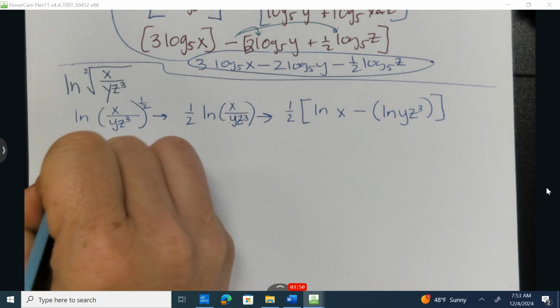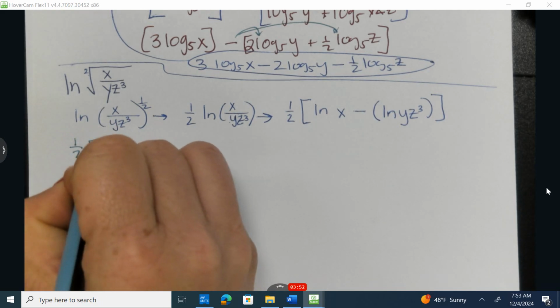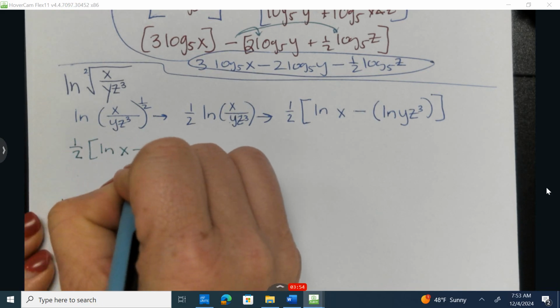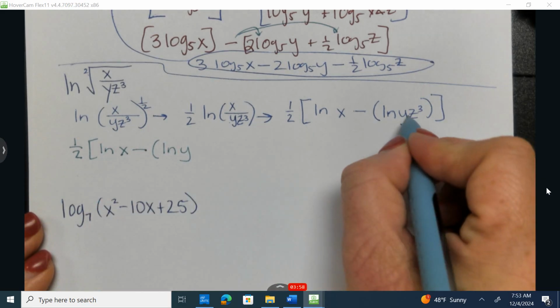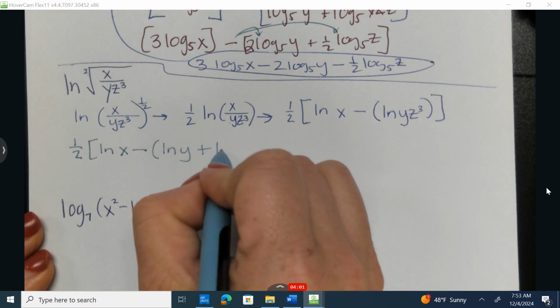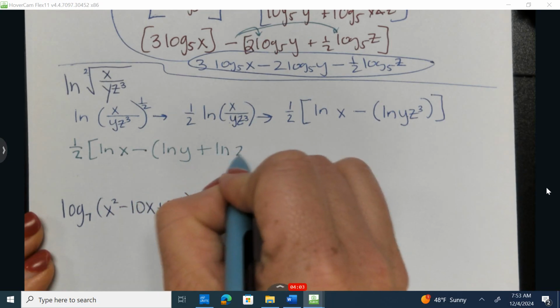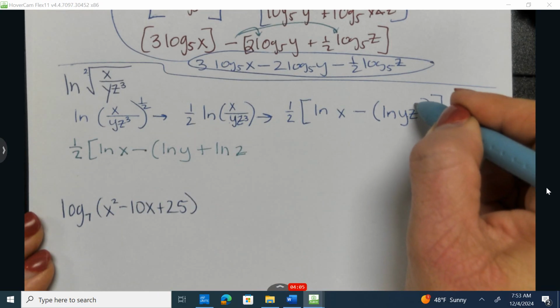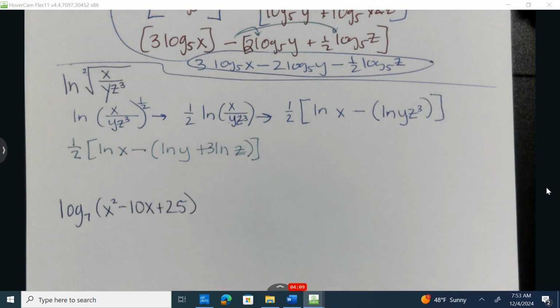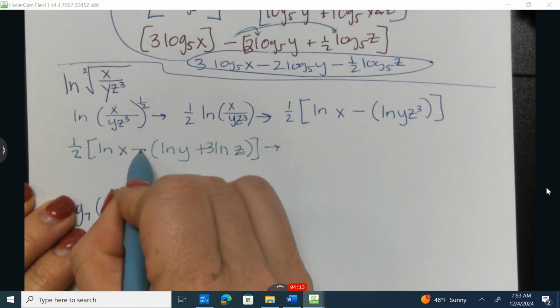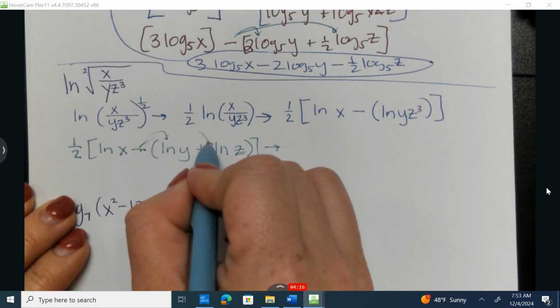I have 1/2 the ln of x, subtract, and now I'm going to expand this. So ln of y, multiplication turns to addition when we expand, and the ln of z. And I'm going to take this exponent and I'm going to throw it in front.